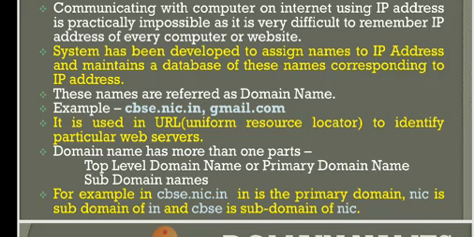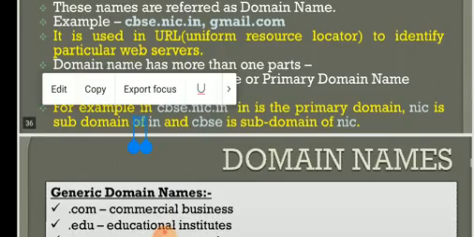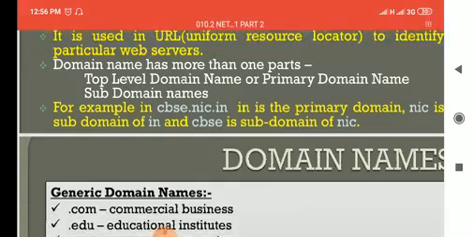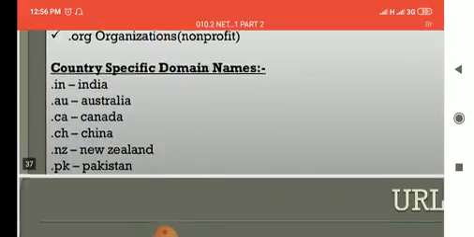In that URL, cbse.nic.in is a domain name, which will be used to identify a particular IP address, website, or web server. That is called a domain name. I hope you understand what a domain name is. Now we'll move on to the next topic, URL.